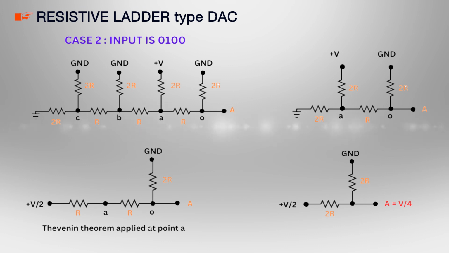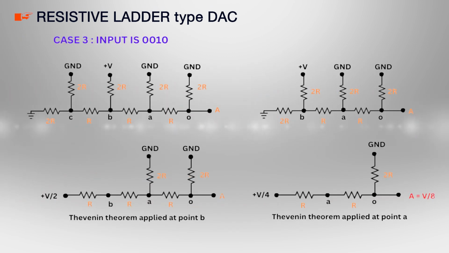So, apply Thevenin theorem at point A and reduce the circuit to an equivalent circuit shown at the bottom left corner. Now, further reduce the circuit to get the final circuit, and in this circuit applying the voltage division rule at node O gives voltage equal to V by 4. So, when only the second MSB is high, output will be V by 4.